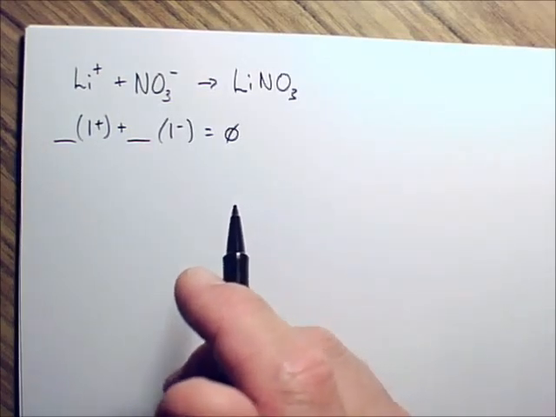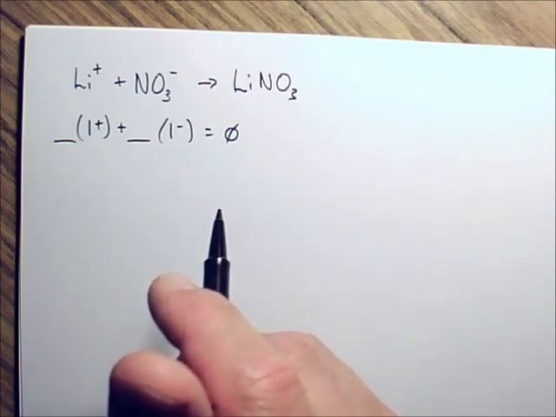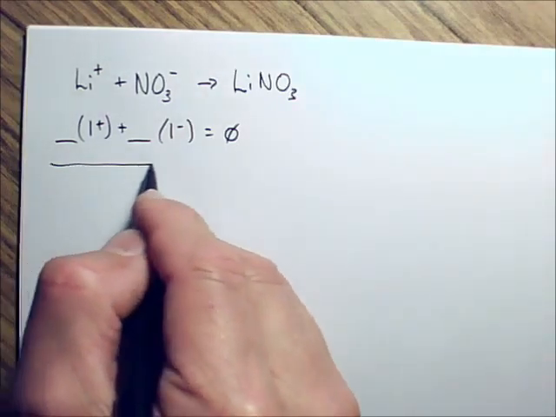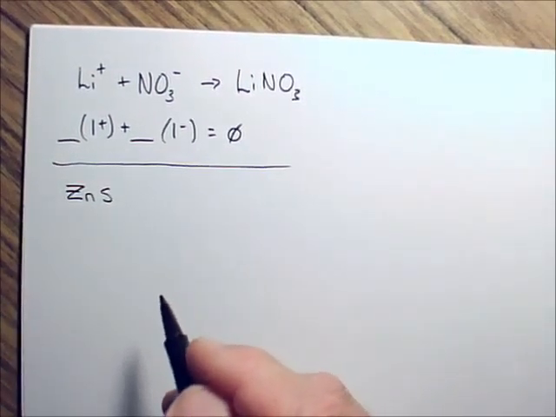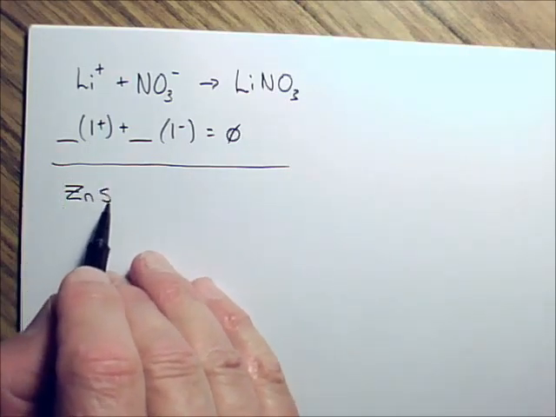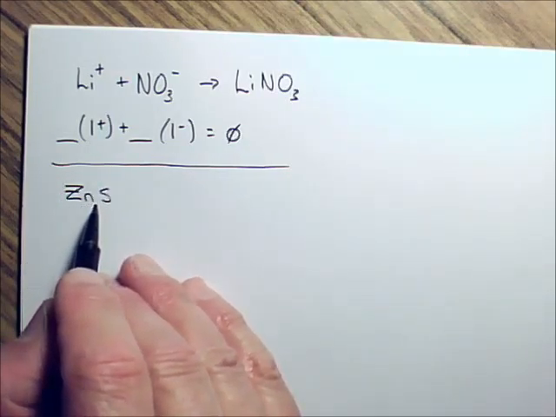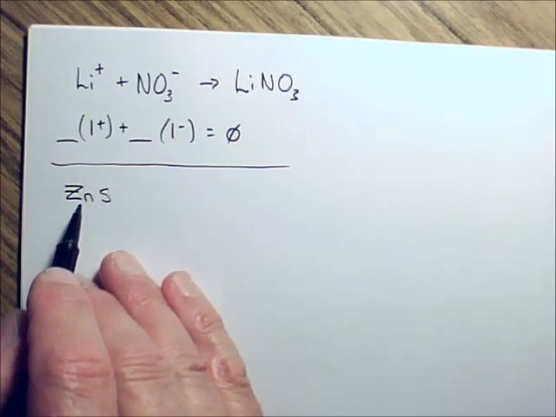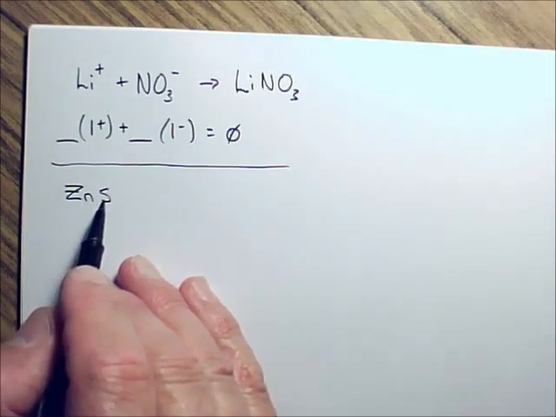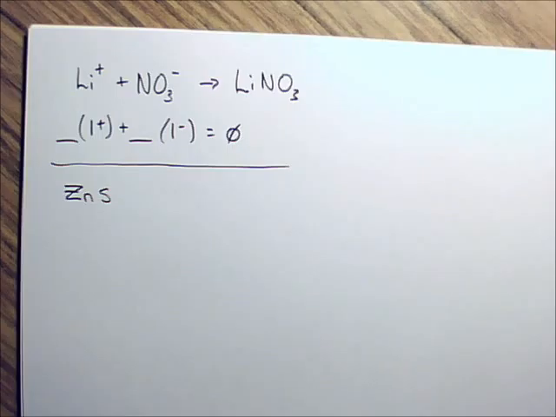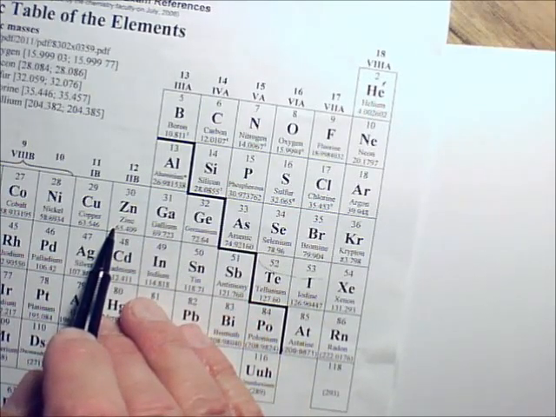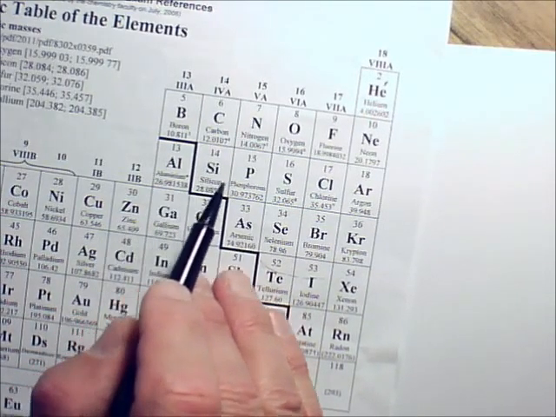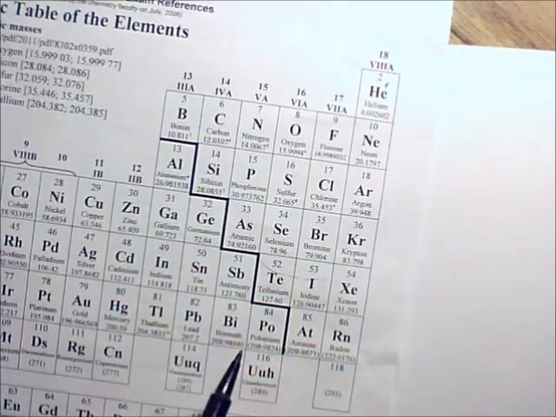I think that was it, yeah. You did 82. Sure. Okay. This is a binary compound. Metal bonded with nonmetal. You know it's a metal because zinc is on this side of the stair step, and you know the sulfur is a nonmetal because it's on that side of the stair step.